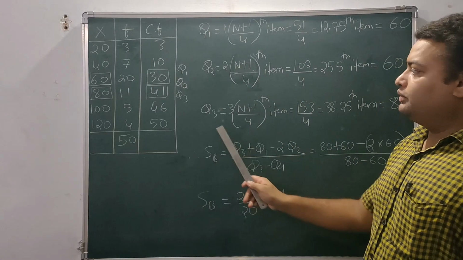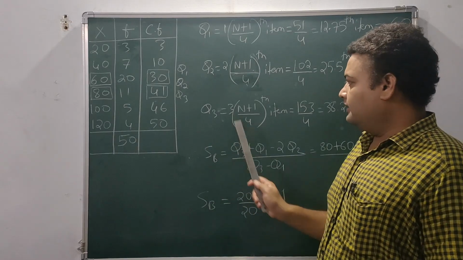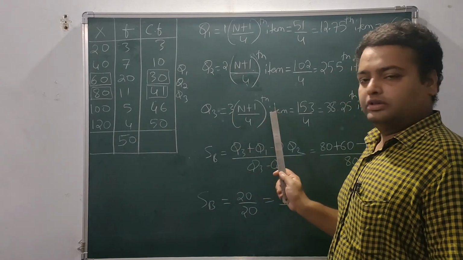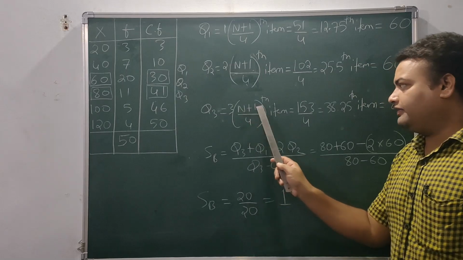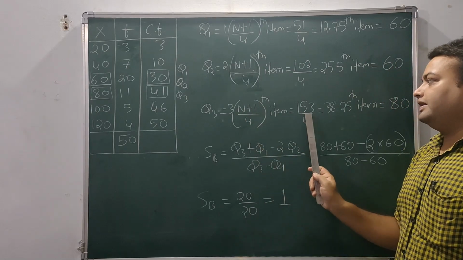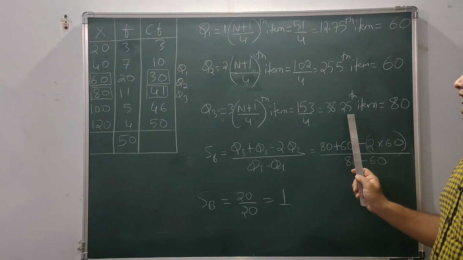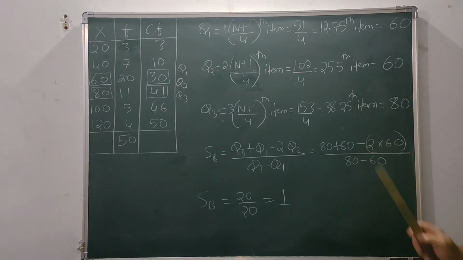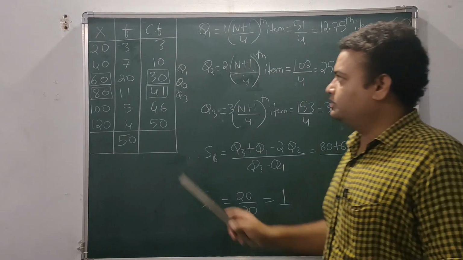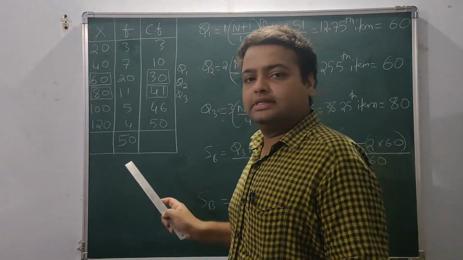Similarly, Q3 is 3 into (n plus 1) by 4th value. That is 51 into 3, 153, divided by 4, which is 38.25. We have to spot that in the cumulative frequency.